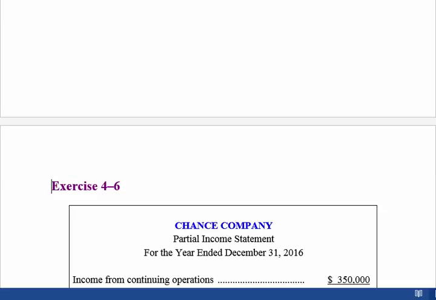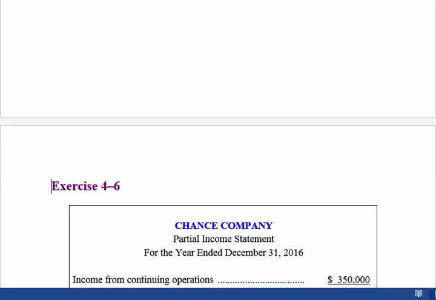And we're going to show that loss on discontinued operations net of income taxes. But we also want to include any loss that that division had prior to being discontinued during that same year. So in the second paragraph it says the division incurred a before-tax operating loss from operations of $130,000 from the beginning of the year through that sale date on December 15th.